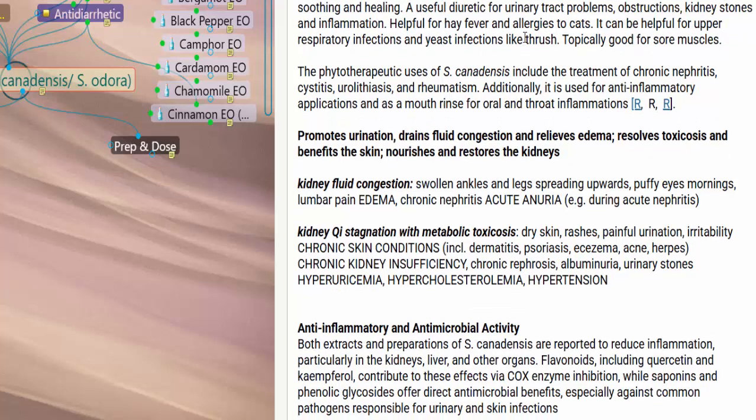The phytotherapeutic uses of Canadian goldenrod include the treatment of chronic nephritis, cystitis, urolithiasis, which is stones, and rheumatism. It's used for anti-inflammatory applications, again, as a mouth rinse for oral and throat inflammations. Now, you see those R's, those are the references that this comes from, and you can click on it to read the study.